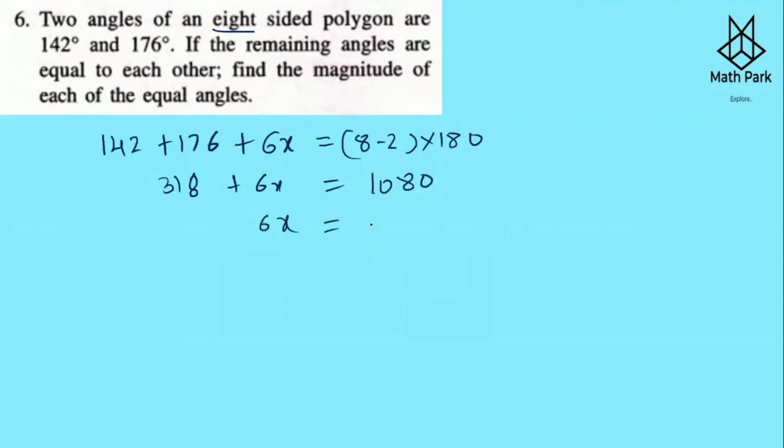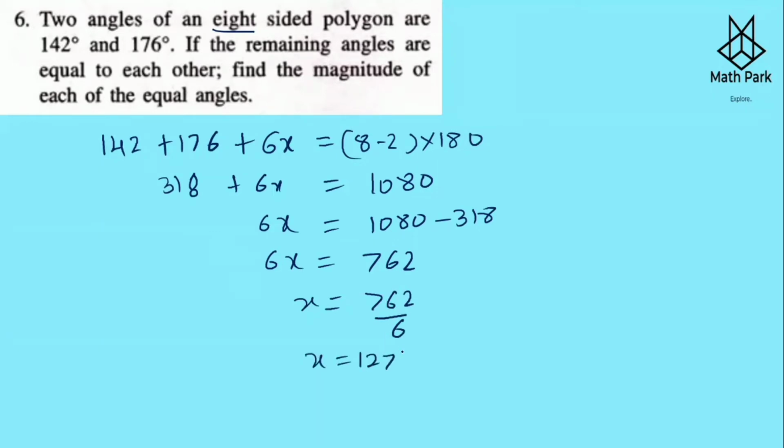So we get 6x is equal to 1080 minus 318, which we get as 762. So 6x is equal to 762 and x is equal to 762 divided by 6, which we get as 127 degrees. So each of the remaining 6 equal angles is 127 degrees.